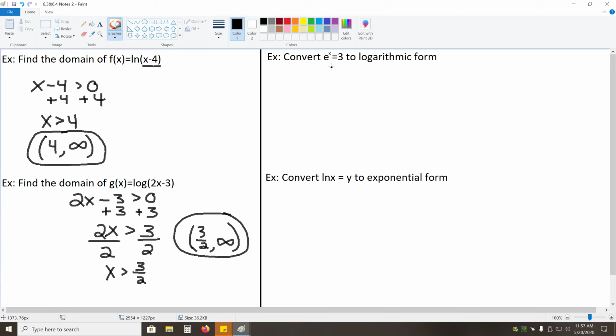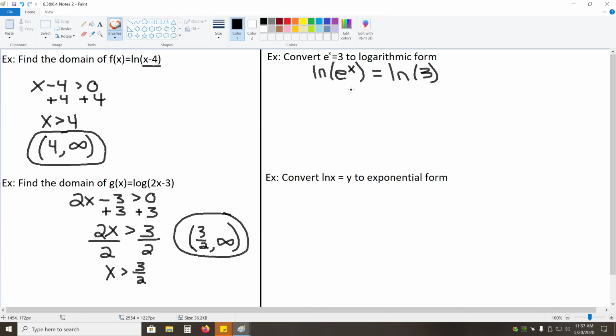Okay, trying this together, remember if you want to convert exponential equations to logarithmic equations, you have to take the inverse of each side of the equation. What's the inverse of e to the x? It's the natural log. So we take the natural log of each side of the equation.